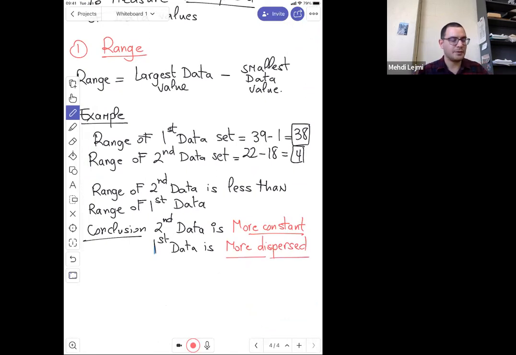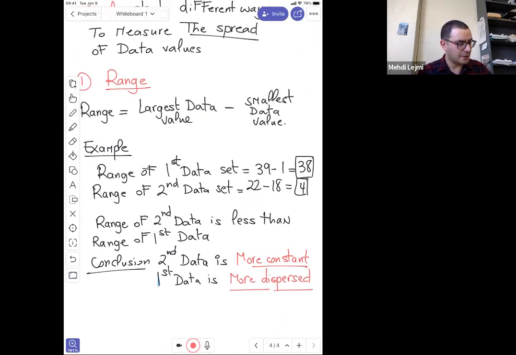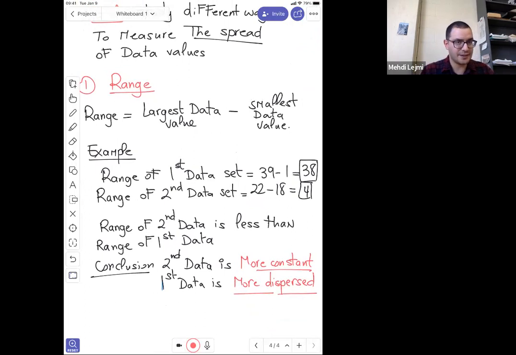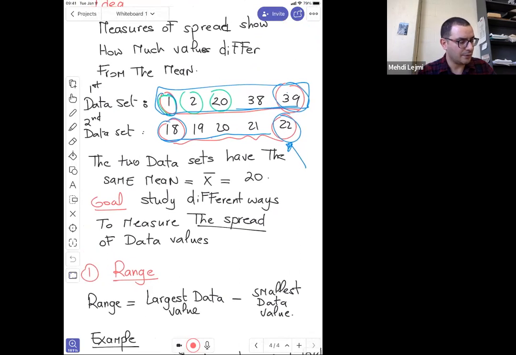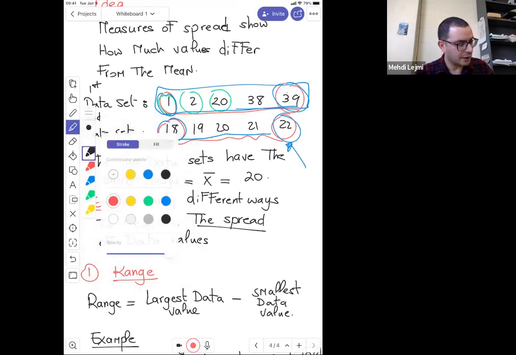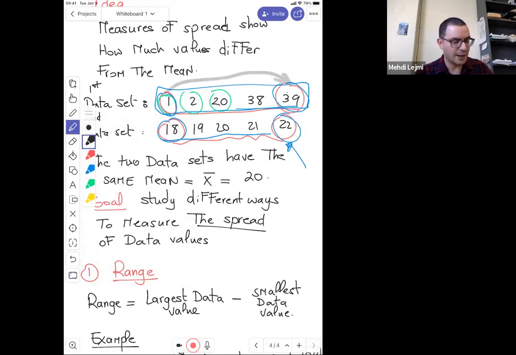Because, well, the range of the second data set is less, but also, as you can see, going from 1 to 39, there are a lot of numbers between 1 and 39, right? So that's like a big jump compared to going from 18 to 22, right?